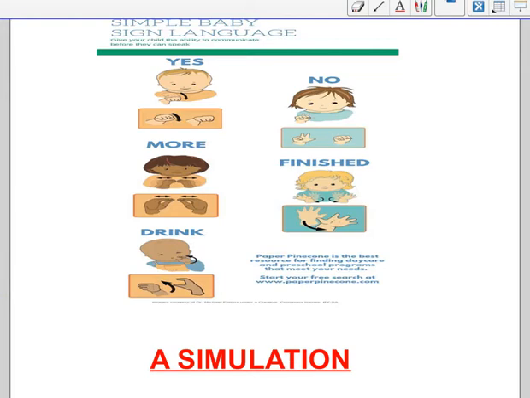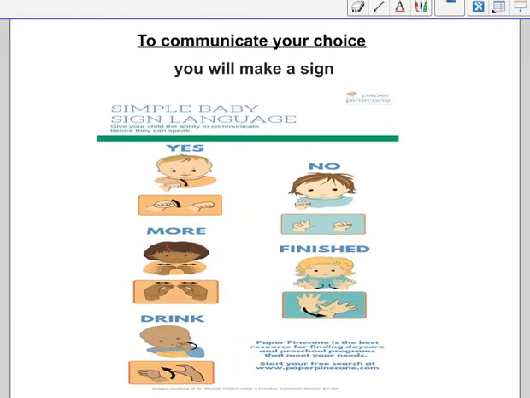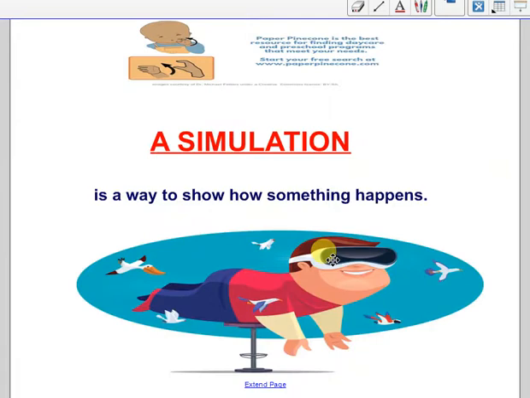So this is called what? Simulation. What's the meaning of simulation? Simulation is a way to show how something happened. Like this boy wearing glasses. These glasses are 3D glasses. These glasses show him how something happened, right?